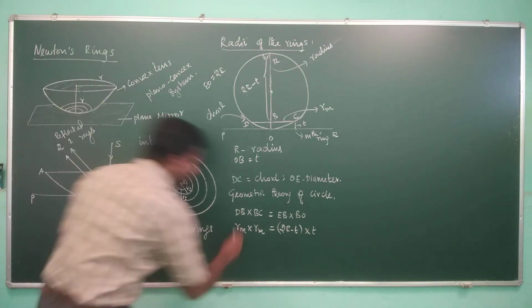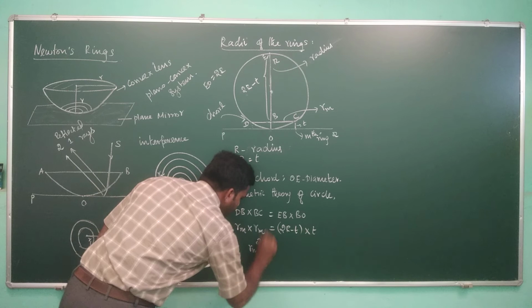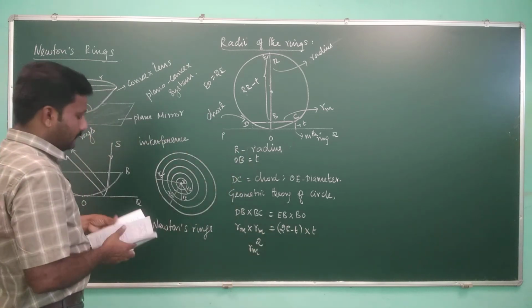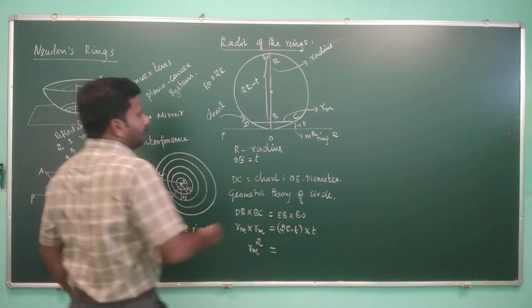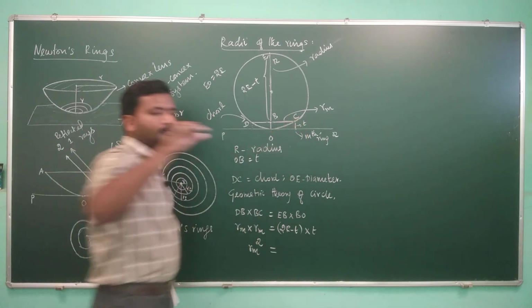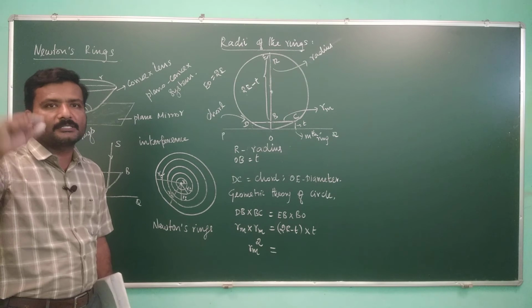Fine. So this side it is Rm square. Generally, this thickness is very, very small, right?